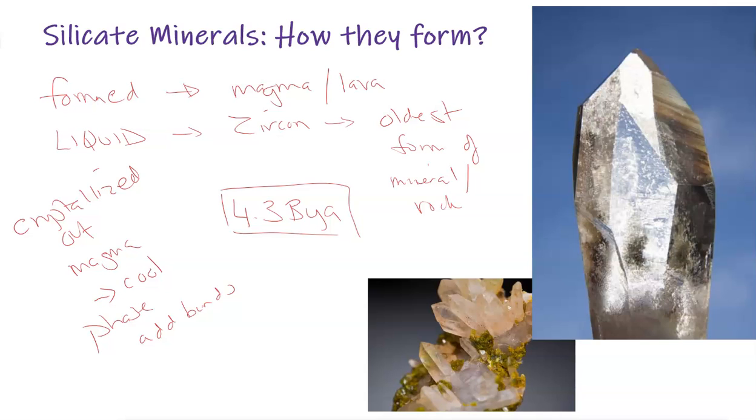They start to bond and form, and these minerals start to crystallize. So when you hear crystal and crystallize, think the mineral starts to take shape. The mineral starts to grow as a solid material from a liquid state. And these zircon minerals are the oldest in the world currently. We may find older ones, but based on how the Earth began, I think this is probably the oldest we can find.